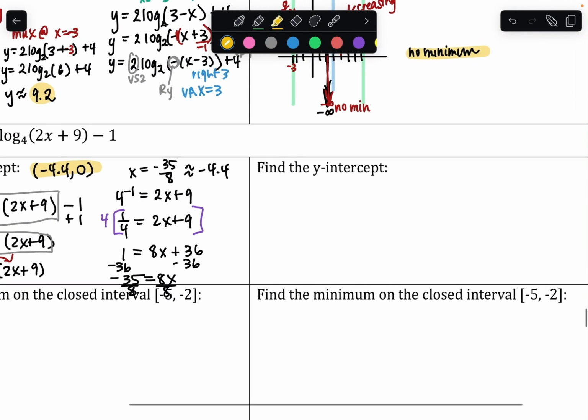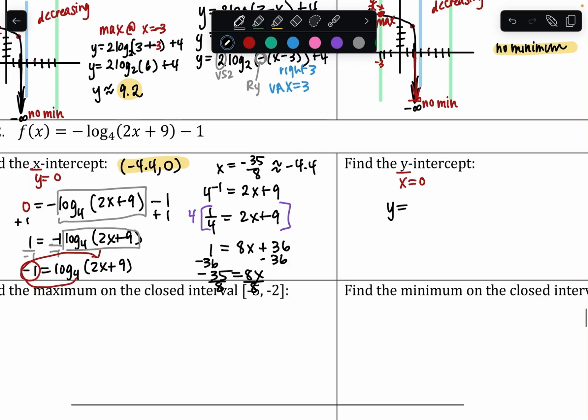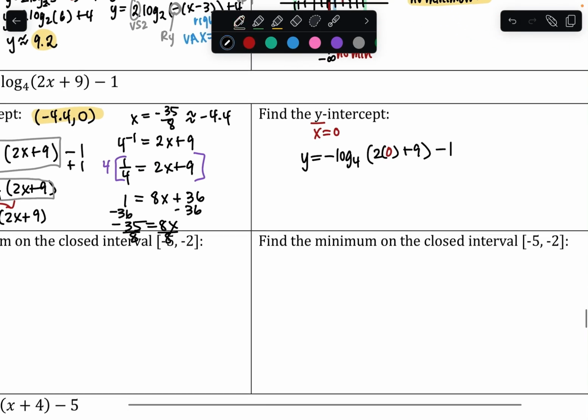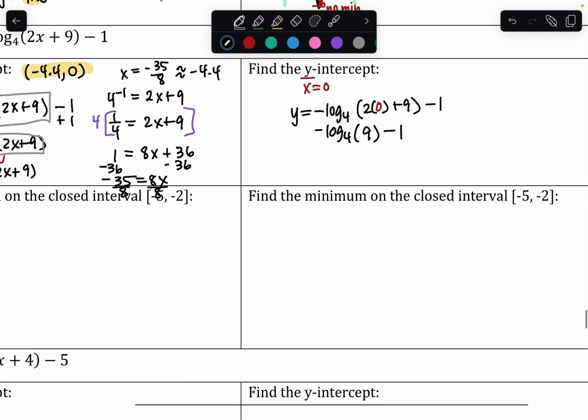For the y-intercept, we plug in x equals 0 and simplify. So I have negative log base 4 of (2 times x plus 9) minus 1, and we're plugging in 0. And so that gives me negative log base 4 of 9 minus 1. 2 times 0 is just 0.